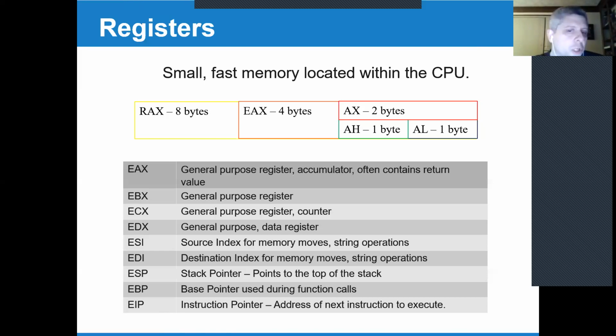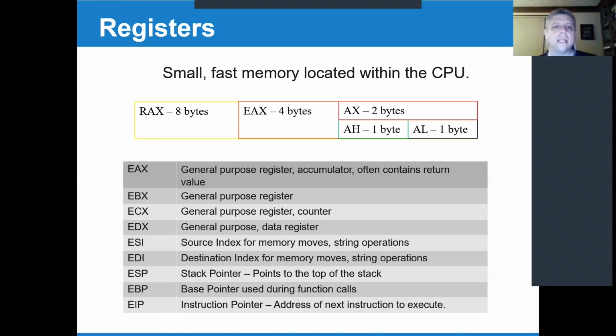ECX is another general purpose one. However, ECX is commonly used as a counter, especially in loops. So if you're familiar with a for loop, where you typically have the counter value named I, ECX is where the value for I would be stored. EDX is another general purpose data register.